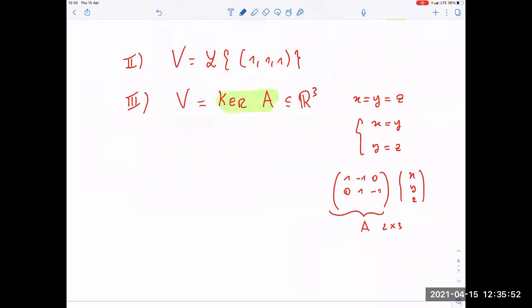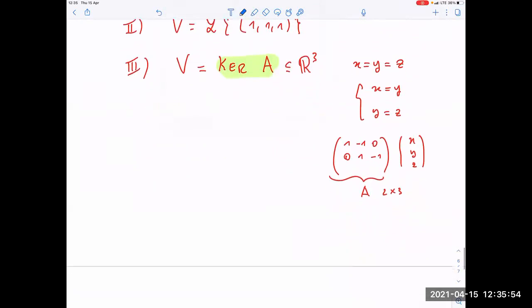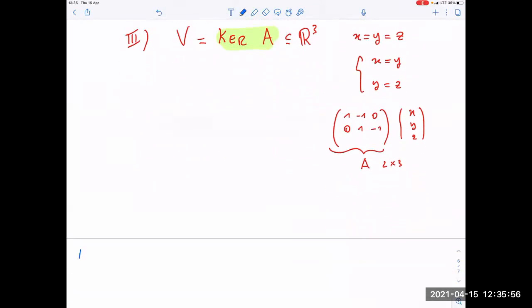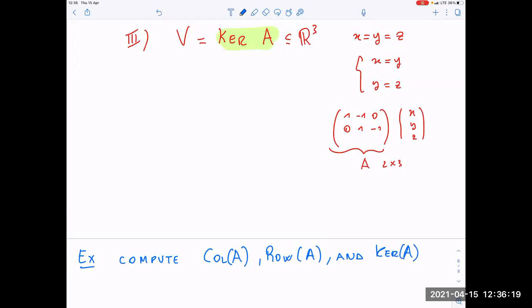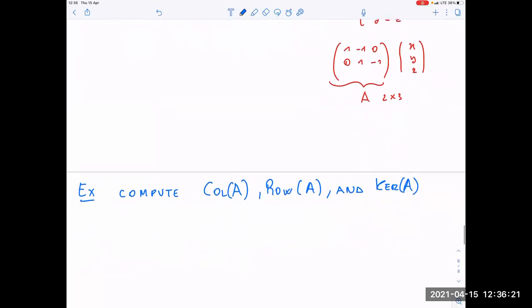Okay, so if this is okay, we can probably move to something slightly different and speak about row space, column space, and the like. So we practice a little bit these notions. So I write this. Compute the column space of A, the row space of A, and the kernel of A for some matrices.